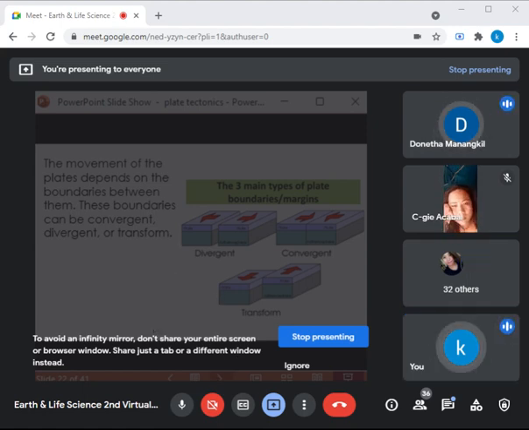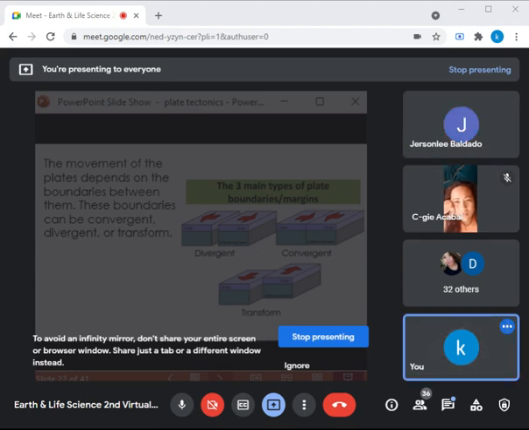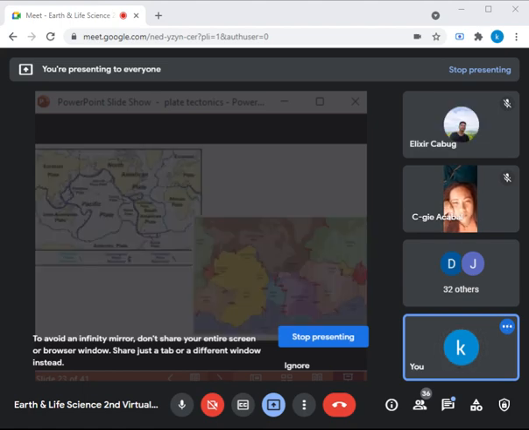Okay, please recognize the three types of plate boundaries or margins. The divergent, convergent, and transform. So if you can see here on the map, makita nato ang klase-klase nga plate boundary. Okay?